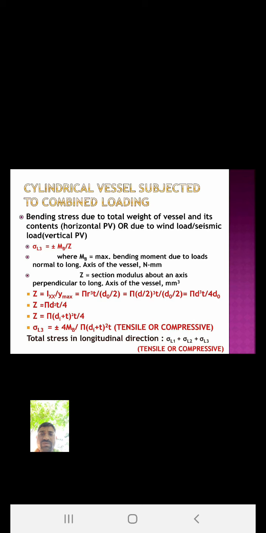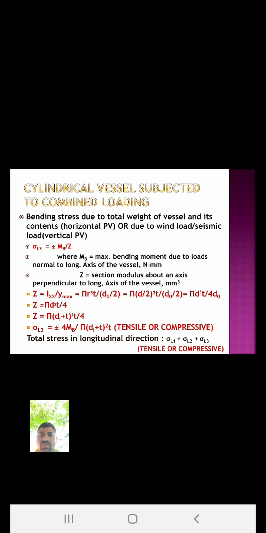This value is given in mm cube, and M is given in Newton mm. Moment means what? Force into distance. Already we have seen that in the SOM subject.